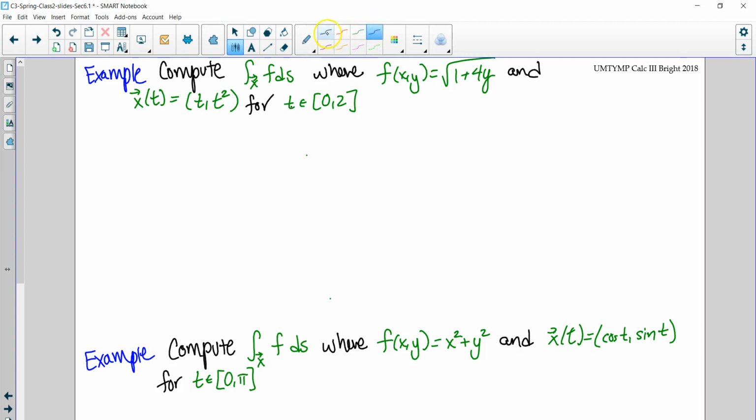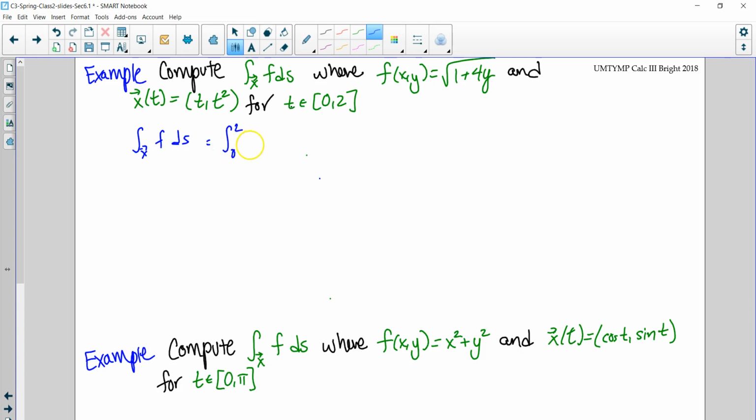Okay, so I'm going to say integral of f ds along this path x. We're going to be on the domain 0 to 2, and then we do the function composition.